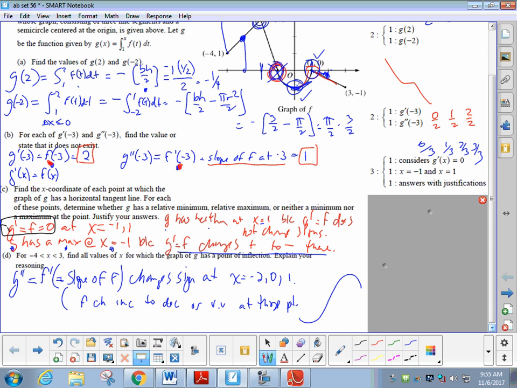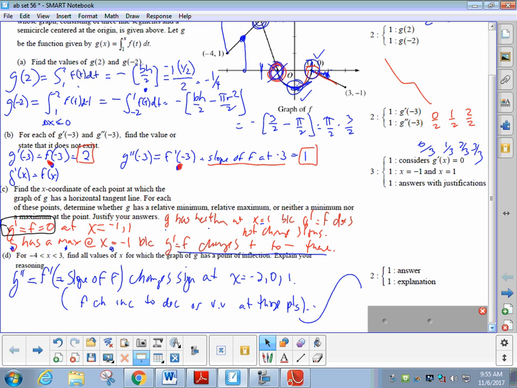That's not an accepted abbreviation. Okay, so 1 for the answer, -2, 0, and 1, and 1 for the justification. It is possible to get the explanation point while having missed one of those points because you maybe overlooked 0 or something like that. So give yourself 0 out of 2, 1 out of 2, or 2 out of 2, and then go to the top of the paper and give yourself a total.